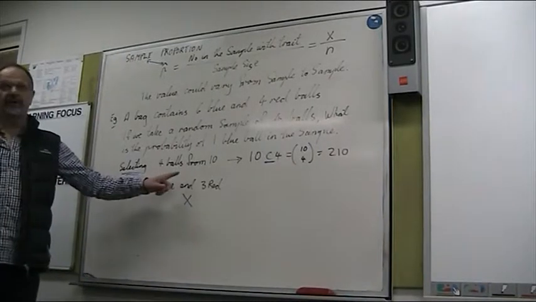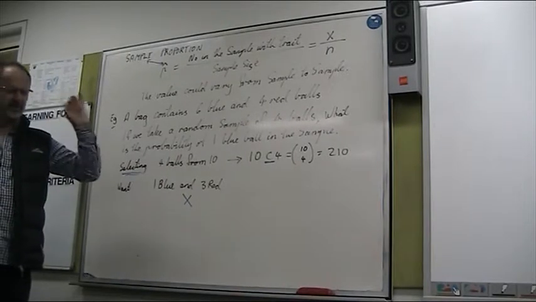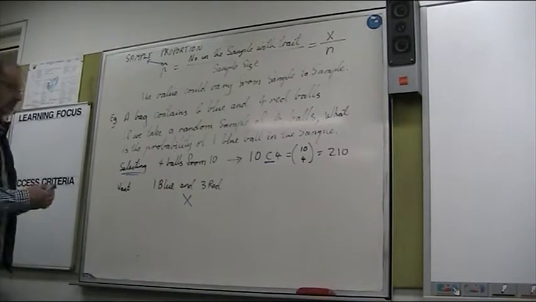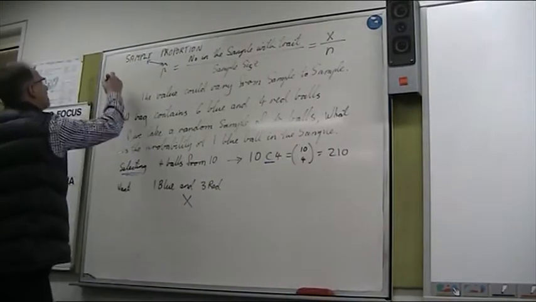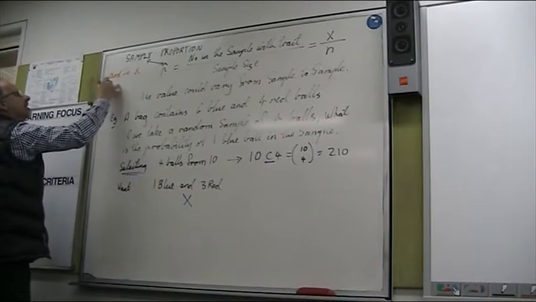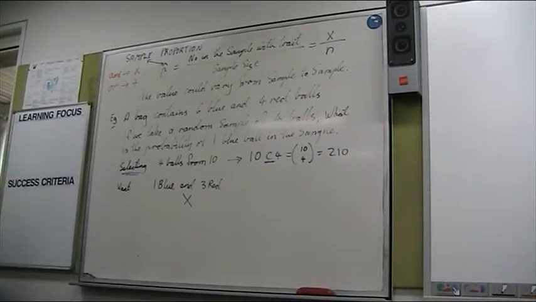The wording for the probability questions is important. "And" means we multiply. If it says "or," it means we add.